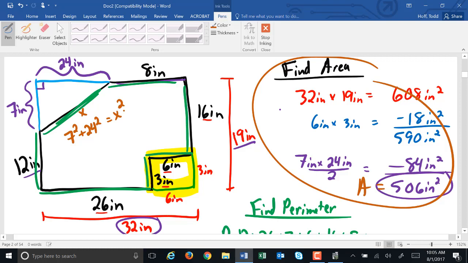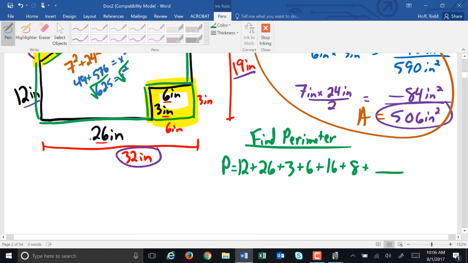It's a right triangle here. A horizontal dimension will always form a right angle with a vertical dimension. So I know that's a right triangle. So 7 squared plus 24 squared equals x squared, which gives me 49 plus 576, which is 625, square root of which makes this 25 inches.